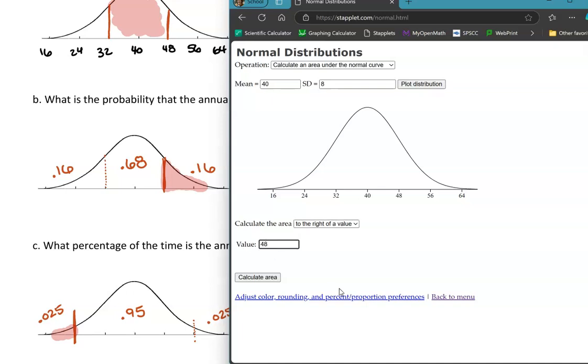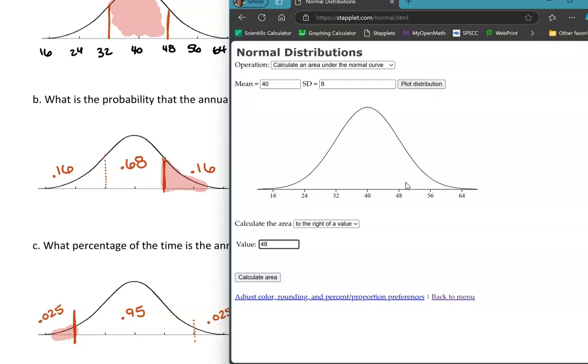Some students might think, well, it has to be more than 48, so I'm going to go 48.1 or something like that, or 0.01, but we don't need to move it at all. For this, a single line does not hold any value of area here, so the difference between 48 and 48.0001 is nothing.